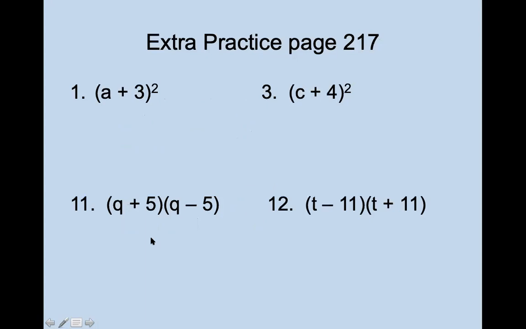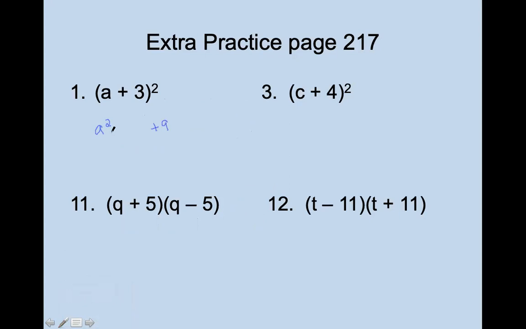All right, let's take a look at some extra practice on page 217. So first one, this time it's the square of a binomial pattern. So we're going to have our a squared as our first term. We're going to have positive 9 at the end.